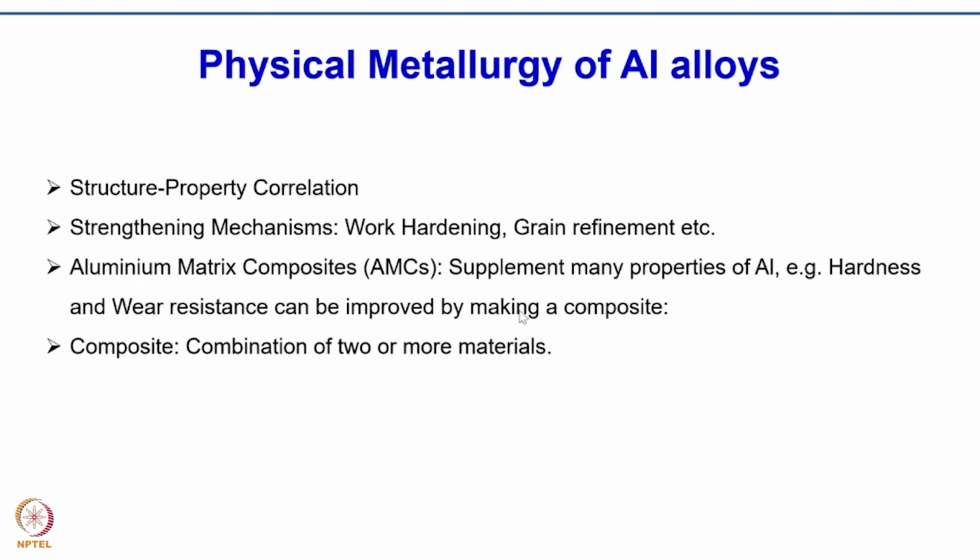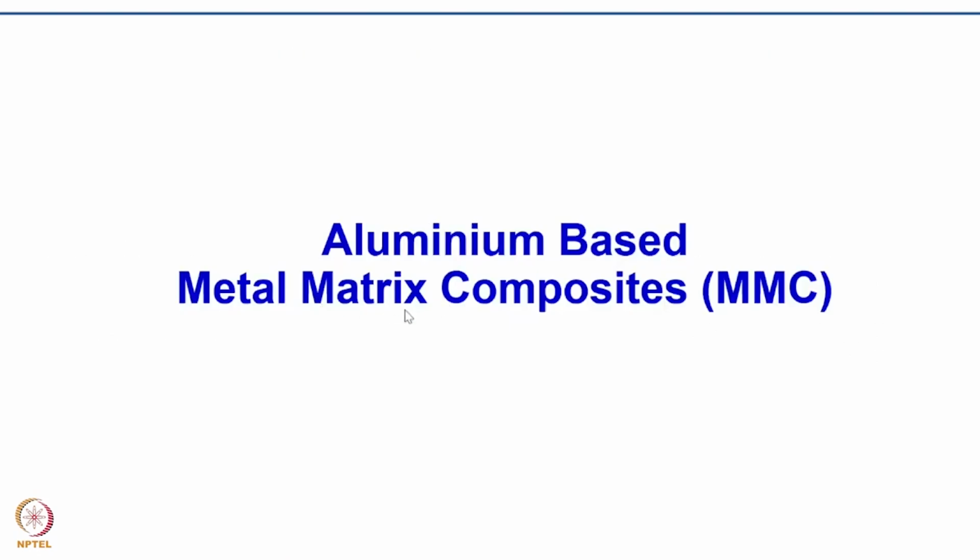Now if you remember, in the beginning I said this particular course has two components. One, of course, is the aluminum and its alloys, including the physical metallurgy, and that is what we have covered so far. From today onwards we are going to start the second part, on the composite part, the aluminum based metal matrix composites.